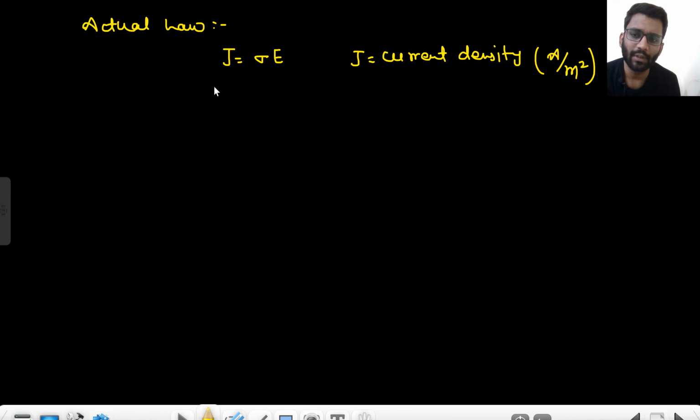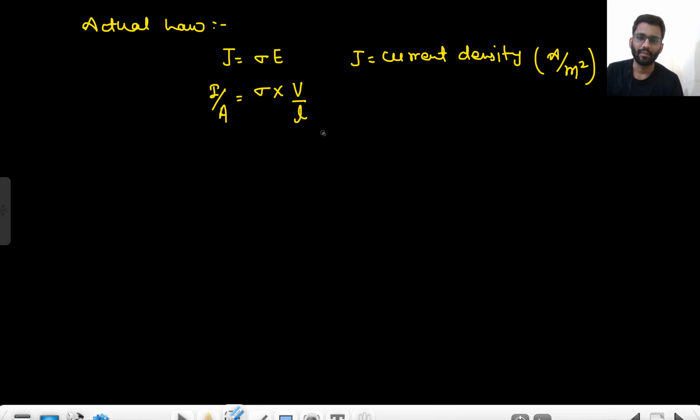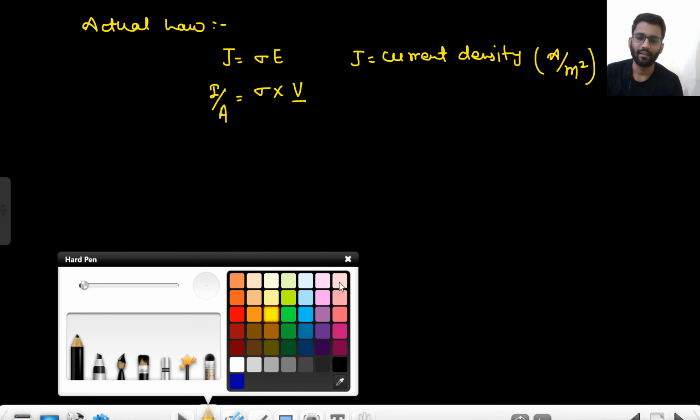So what is J? J is I by A. What is sigma? Let it be sigma. And E is V by L, the voltage difference across this length L.